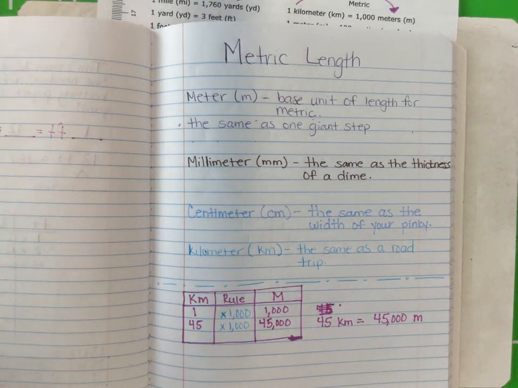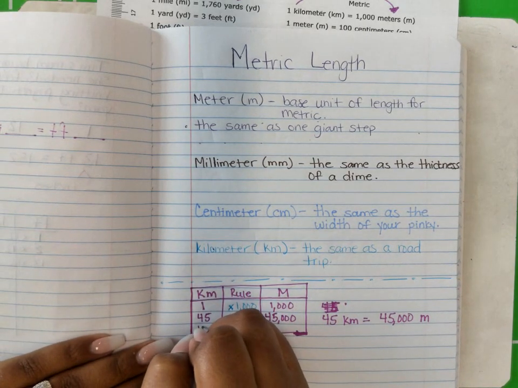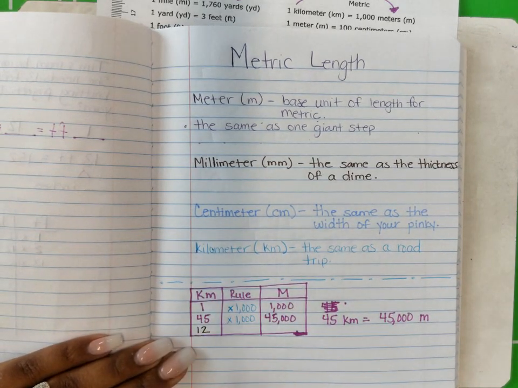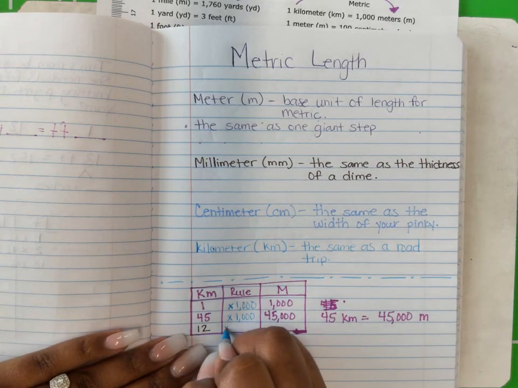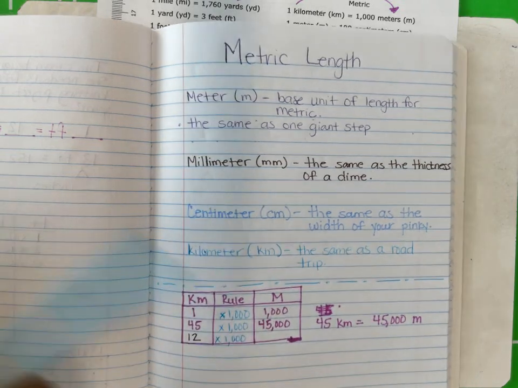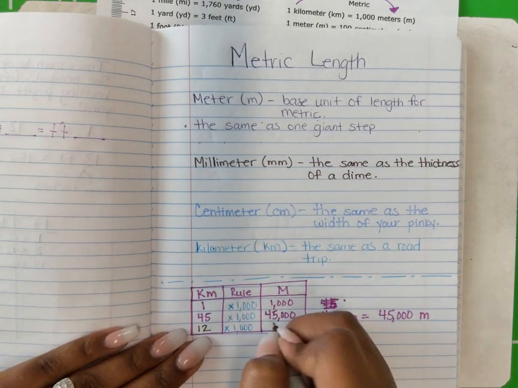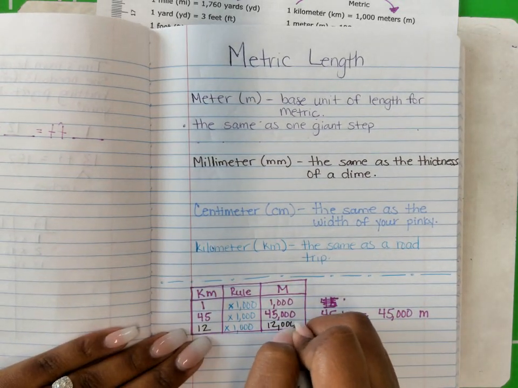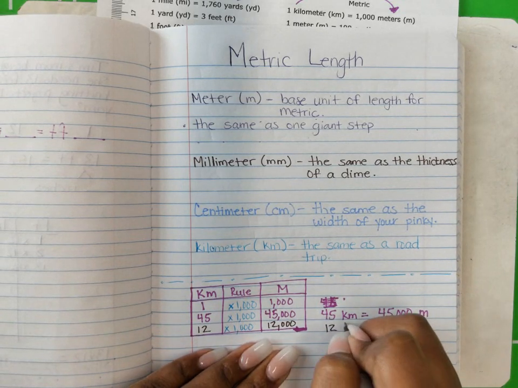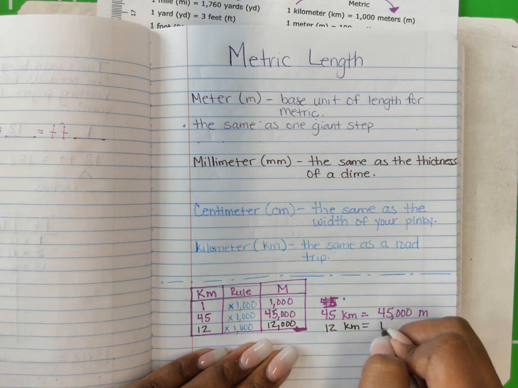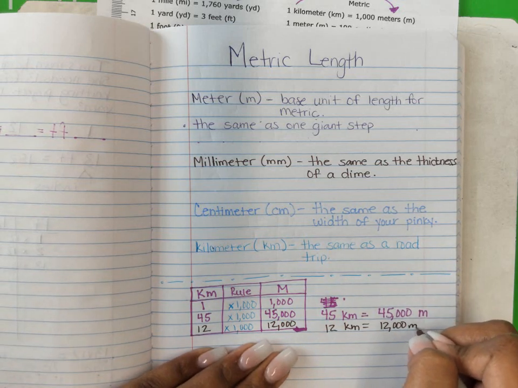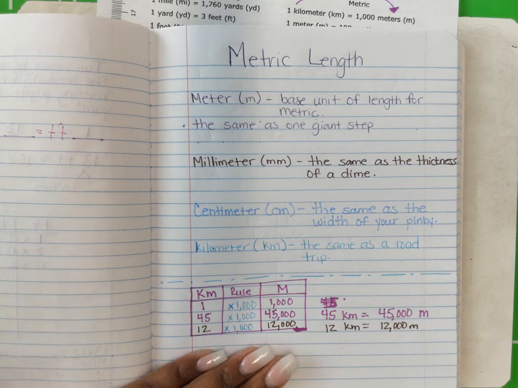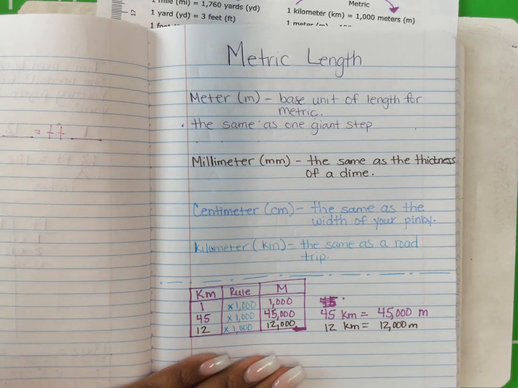Let's say I have 12 kilometers. Well, times 1,000 is 12,000 meters. So 12 kilometers is the same as 12,000 meters. Don't forget my unit of measurement. So this is our table for the rule of kilometers to meters.